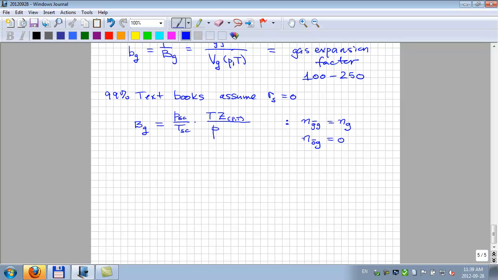But, in fact, for gas condensate reservoirs, Ng from the gas over Ng can range anywhere from 0.85 to 0.99.